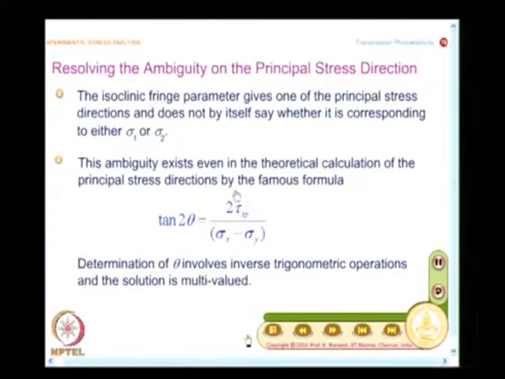When you find theta from this, because theta evaluation uses inverse trigonometric operations, the solution is multi-valued. You do not know whether it represents theta 1 direction or theta 2 direction.